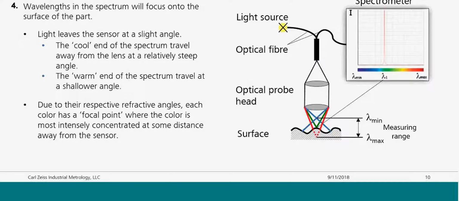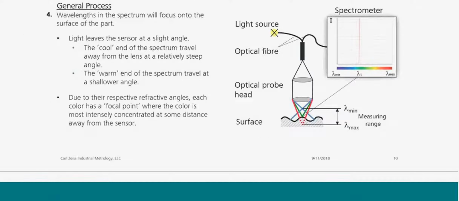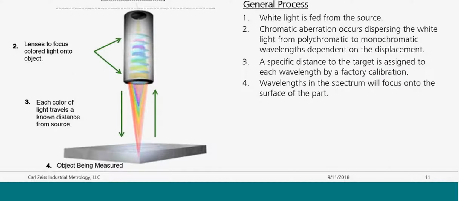So this is what's called the focal point, the point in space where a given color of light is in focus. You can see in the example here, the green light is in focus on the top of the surface being measured. So that's the color of light that's going to be reflected back into the sensor and then into what's called a spectrometer, which we're going to talk about a little bit later.